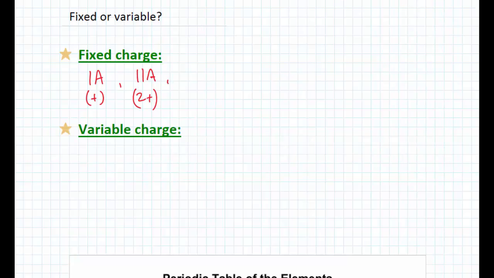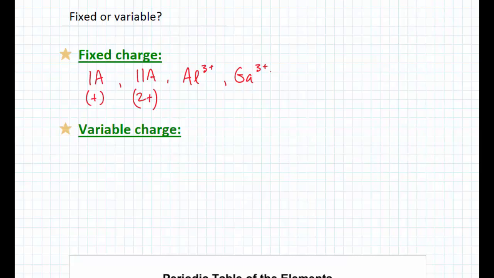And then what are the other fixed charge metals that we've talked about so far? Yep, aluminum 3 plus, gallium 3 plus. Those are the ones we've talked about so far because that makes nice sense about losing electrons to get to a noble gas.